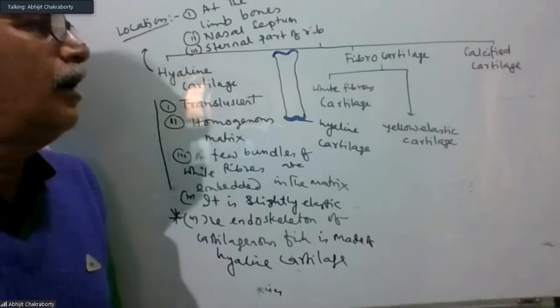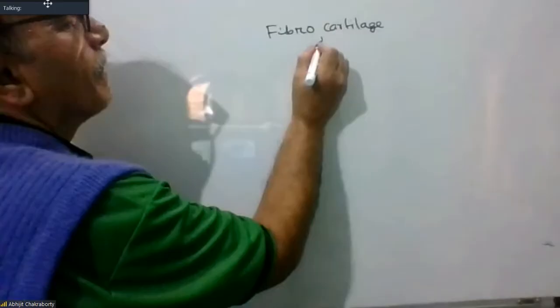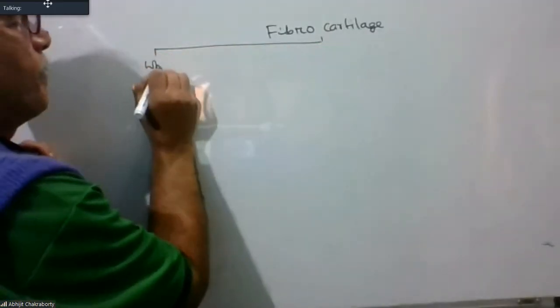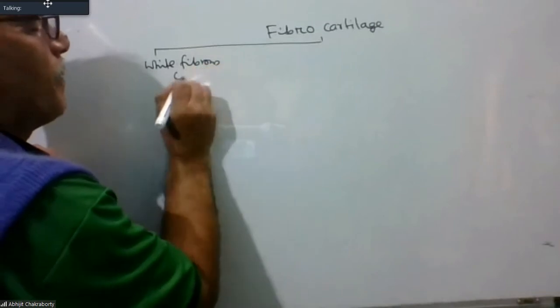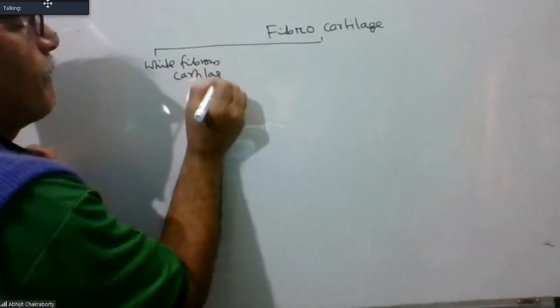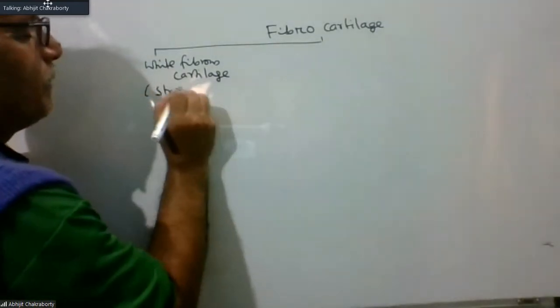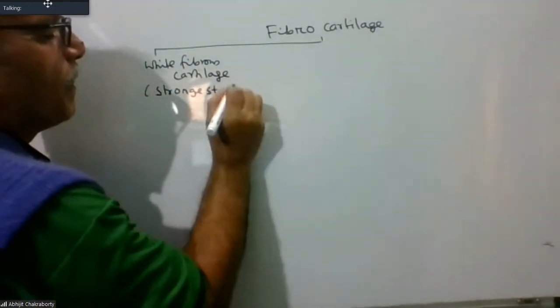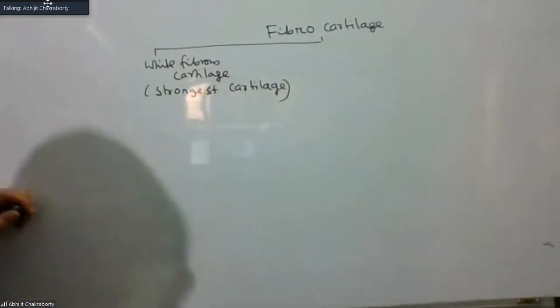Now we will start with the fibrocartilage. White fibrous cartilage, remember this is the strongest cartilage.